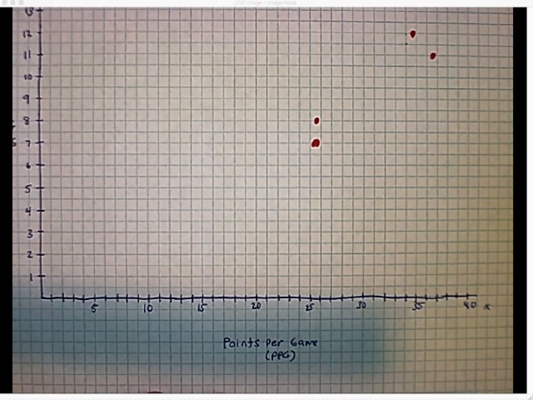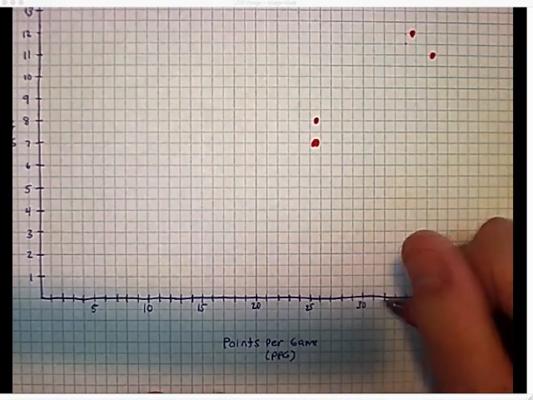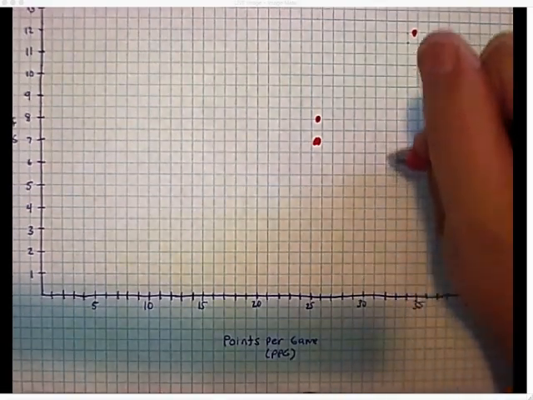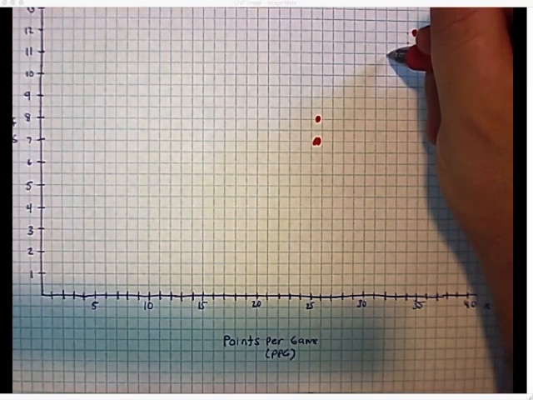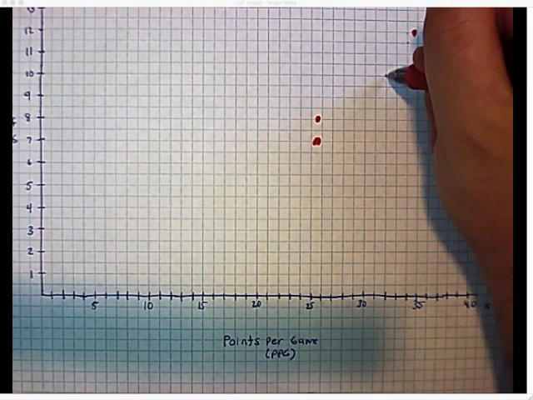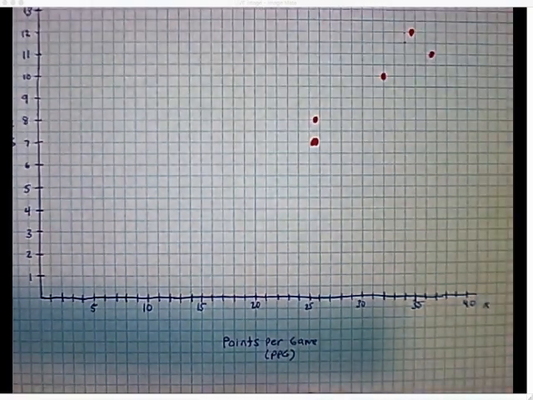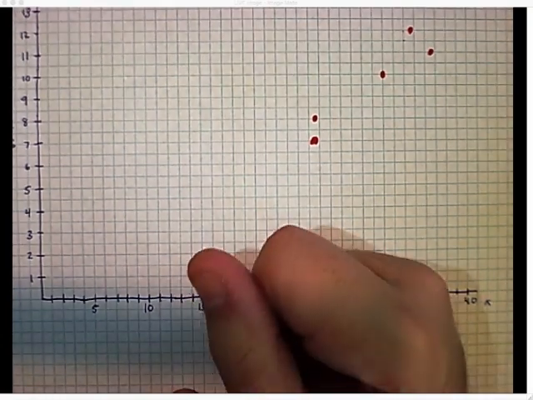Georgia had 32 points per game and 10 wins. So 32 and 10. Kentucky had 15.8 and 5.